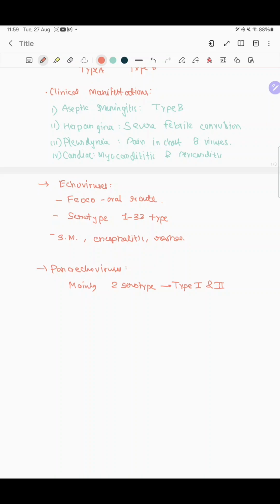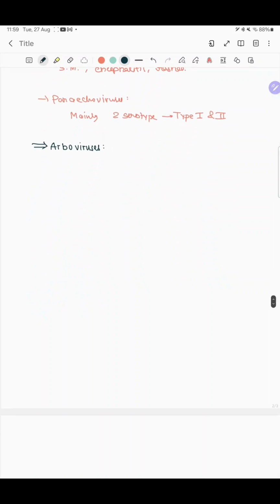Now we're going to see arboviruses. Arboviruses mainly include different viruses like West Nile virus.